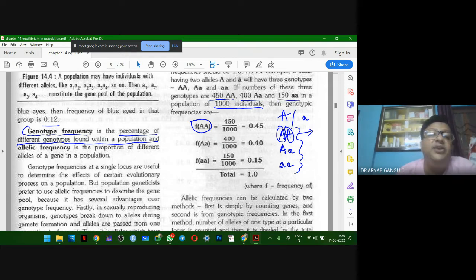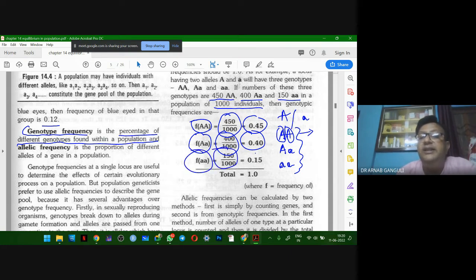Then what is the genotypic frequency? Genotypic frequency of capital A capital A is 450 divided by 1000, that is 0.45. Similarly, for heterozygous, 400 by 1000, that is 0.4. And the frequency of small a small a is 150 by 1000, that is 0.15. And if you take the total, it is 1. Clear?